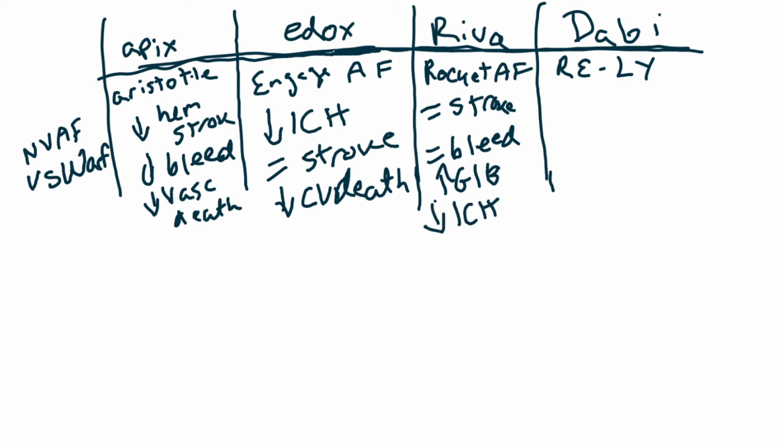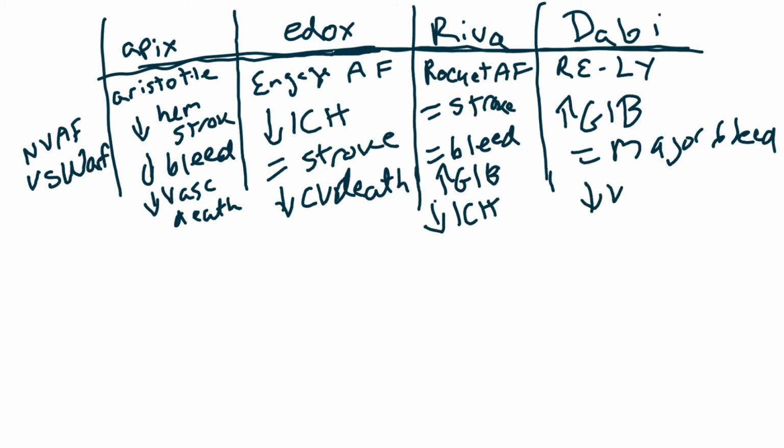The RE-LY trial looked at dabigatran, and dabigatran compared to warfarin had increased GI bleeding, but a similar rate of major bleeding, less vascular mortality, and less ischemic stroke and hemorrhagic stroke.